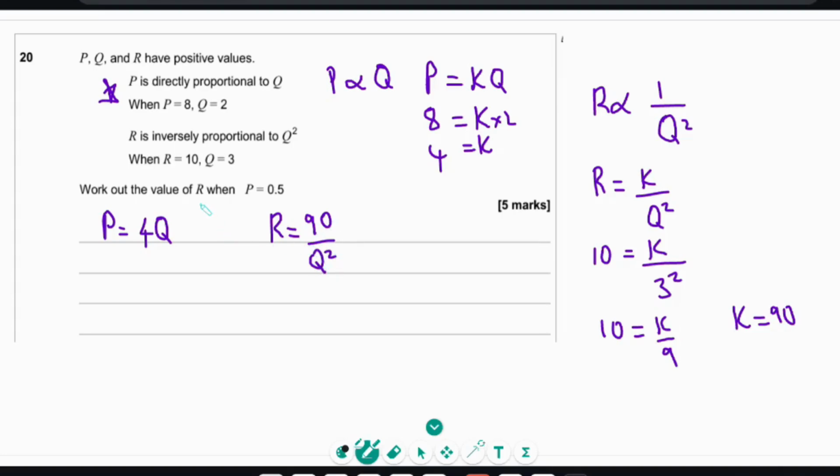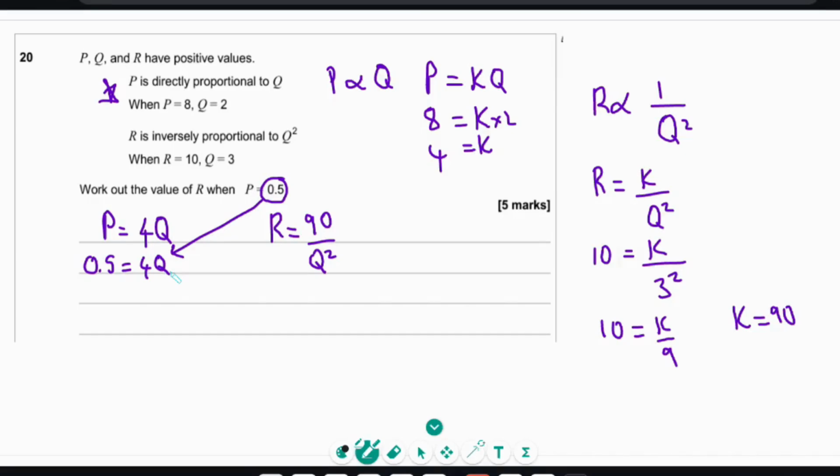Work out the value of R when P is 0.5. Right, I'm going to work out the value of Q first by putting in P. If I find the value of Q, I can then sub that into the second equation to find R. So P is 0.5. 0.5 equals 4Q.